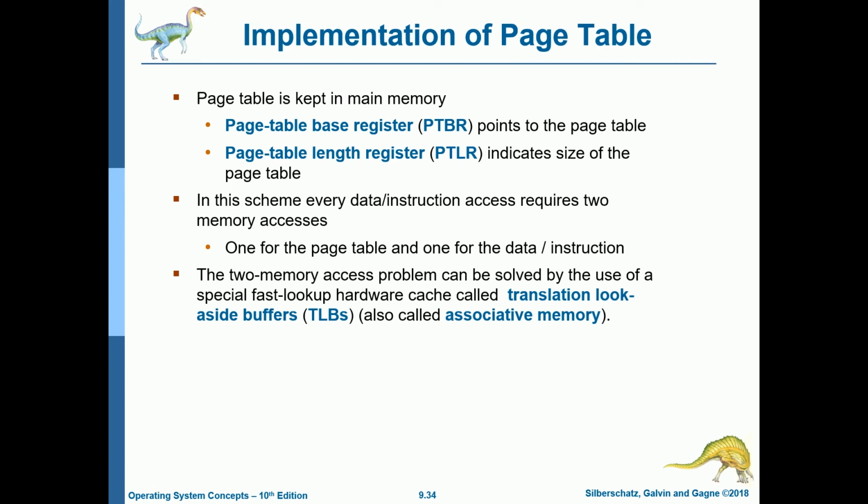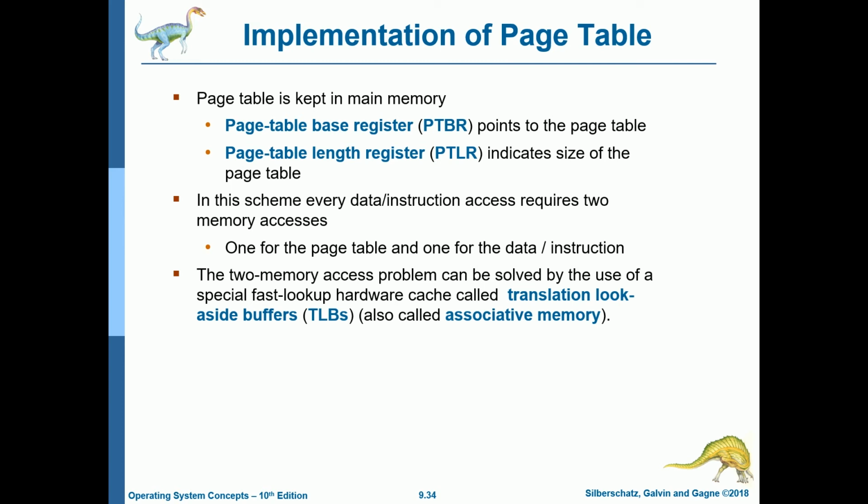It provides us with the frame number, which is combined with the page offset to produce the actual address. We can then address the desired place in memory. With this scheme, two memory accesses are needed to access data: one for the page table entry and the other for the actual data. Thus, memory access is slowed by a factor of 2, a delay that is considered intolerable under most circumstances.